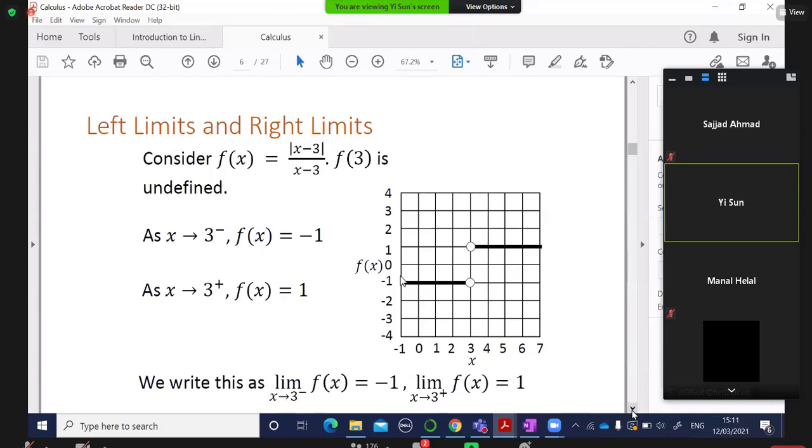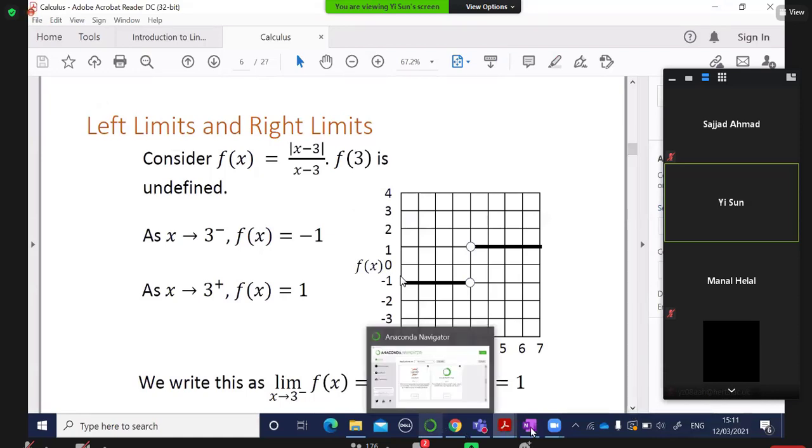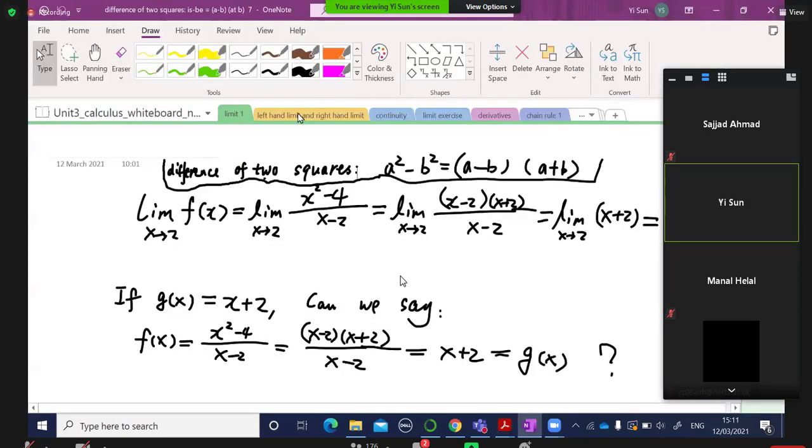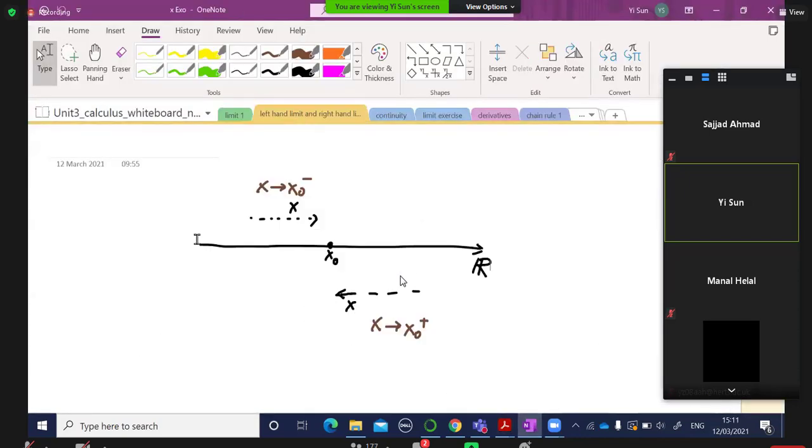Left limits and right limits. Let's consider x and x0 as points on the real axis, where x0 is fixed. What I mean is here, we have the real axis, and we have a fixed x0 on this real number line, and x approaches x0 from left.